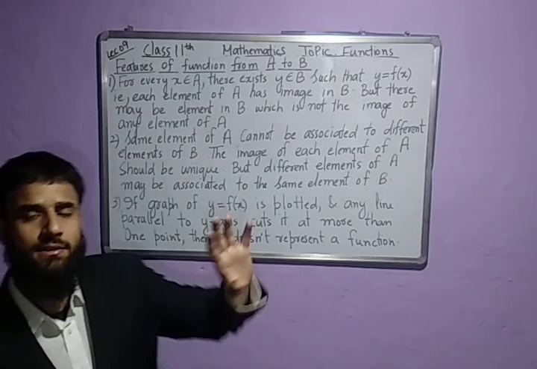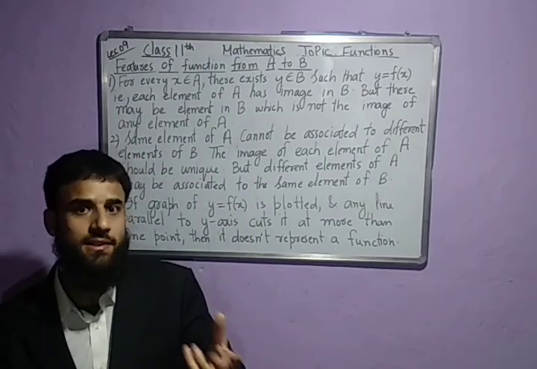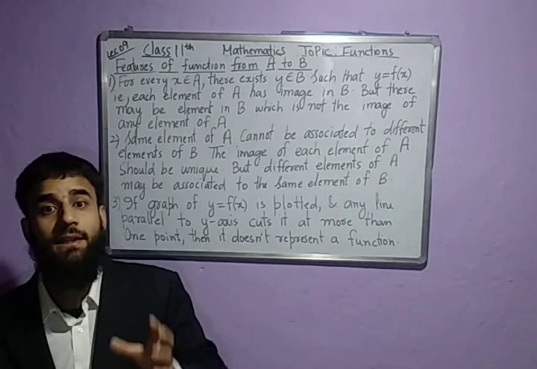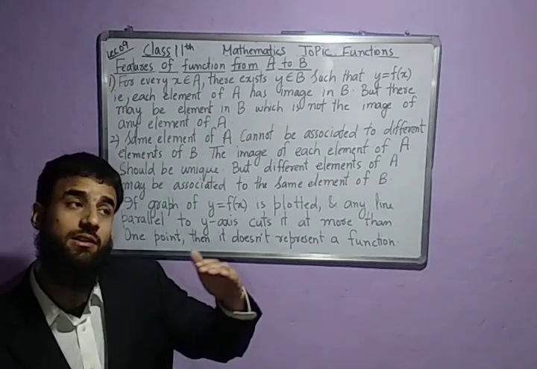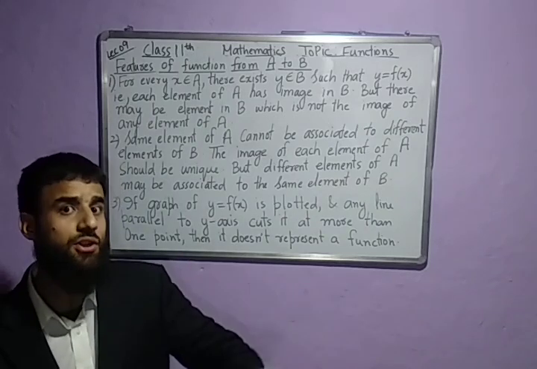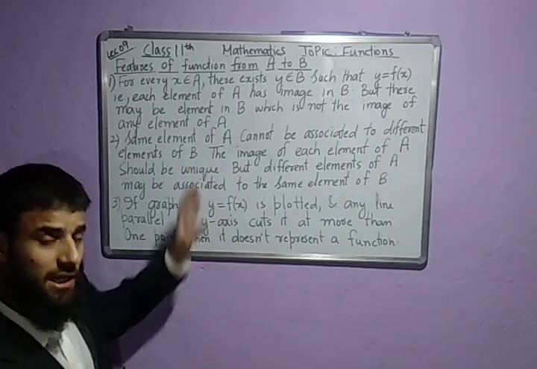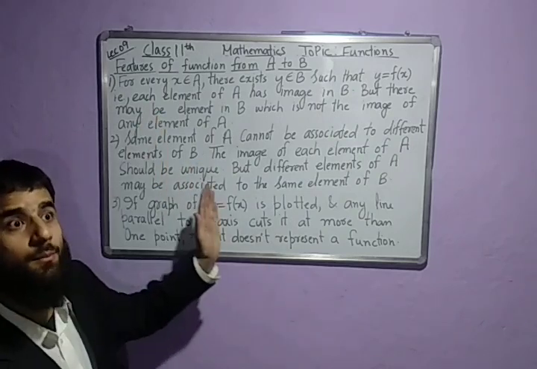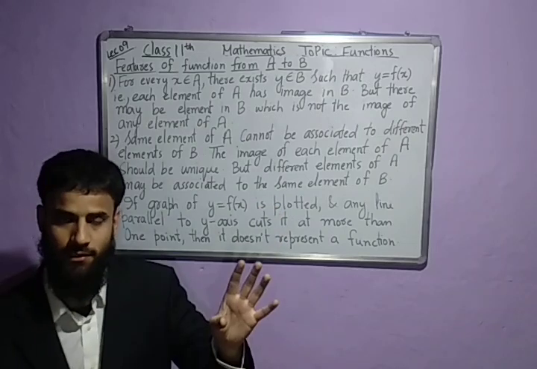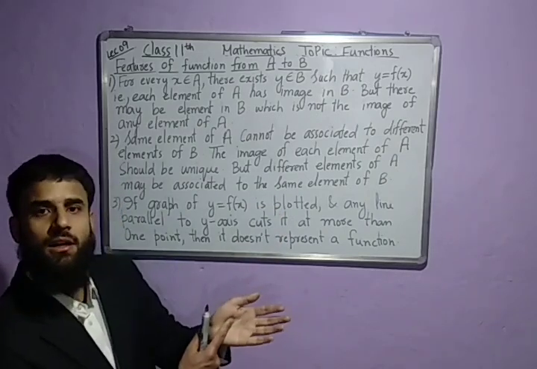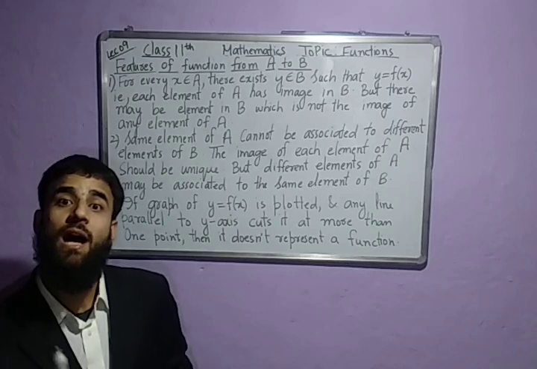Now the next important thing I told you is that the relation should be unique. That is, each element in the set A should also be uniquely related. One element in the set A should not have two images.